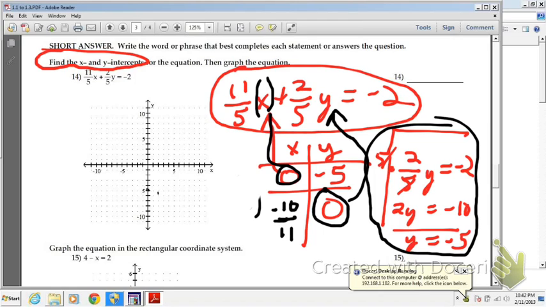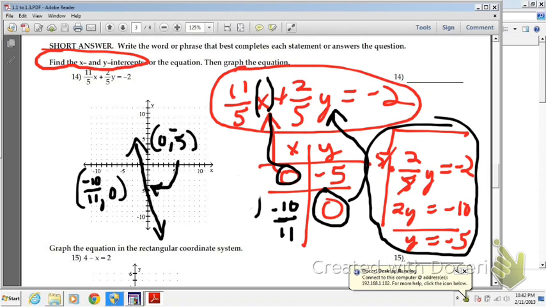So I'm just going to put a dot right here at -1, comma 0. Awfully close to -1, not quite. And then just go ahead and connect the dots. So it's really those key points that I'm looking for, the 0, -5, which would represent this point right here, and the -10/11ths, comma 0, which would represent that point right there. Okay?